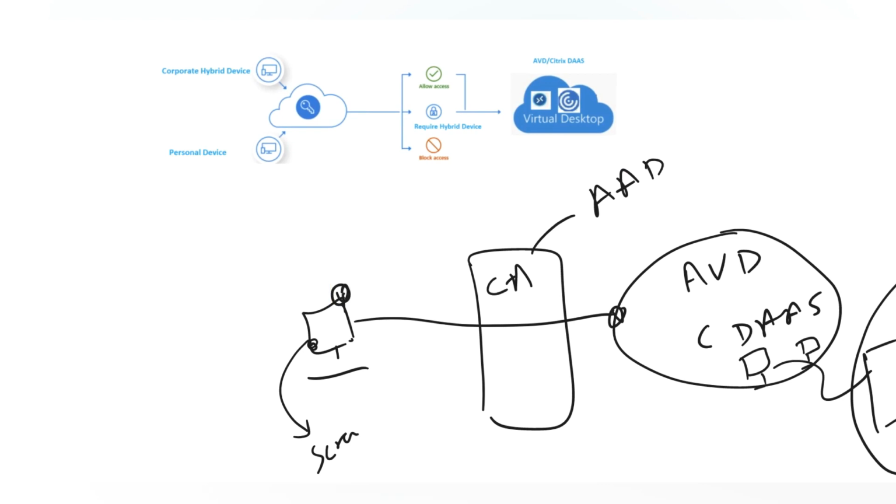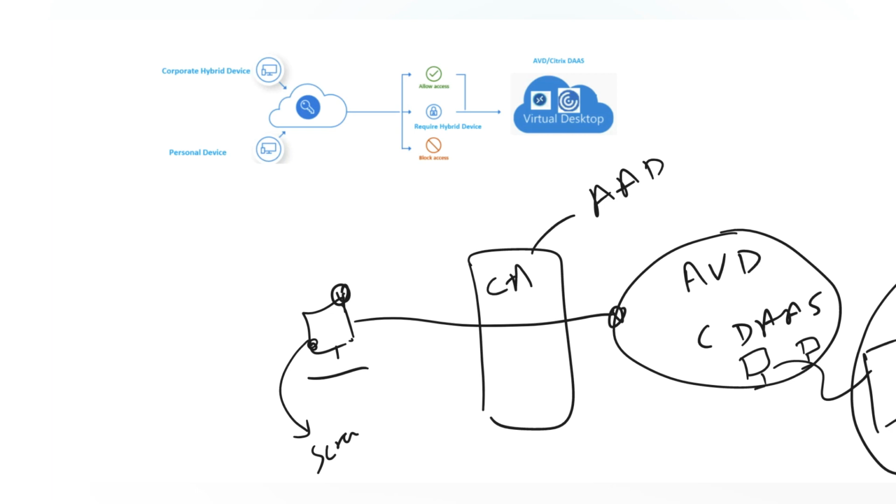Those who are not aware of what hybrid AD join is, please check my video on YouTube where I have clearly explained it and did a demonstration for the hybrid AD joined device. Hybrid AD joined devices are typically the corporate devices which belong to your company. In that hybrid AD joined computer, you have the restriction where the user cannot install any software like screen capture, etc.